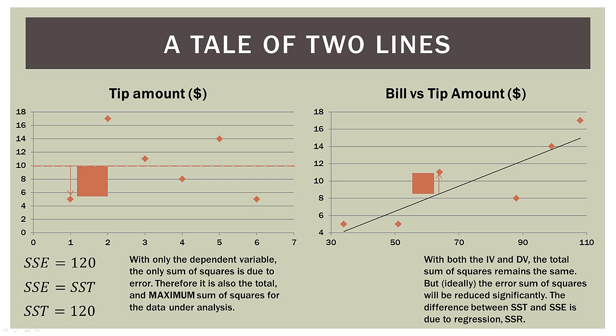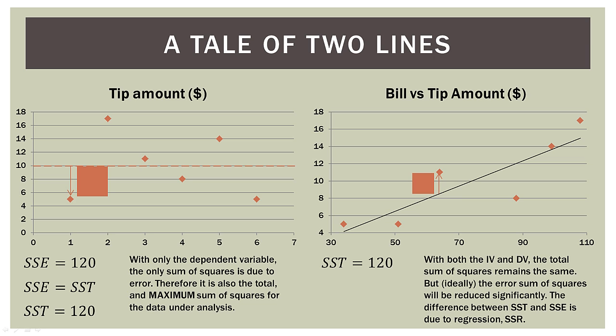Now, with both the independent variable and the dependent variable, the total sum of squares remains the same. It's 120 still, and it will always be for these 6 points. But ideally, the error sum of squares, or the SSE, will be reduced significantly because our line fits the data better.